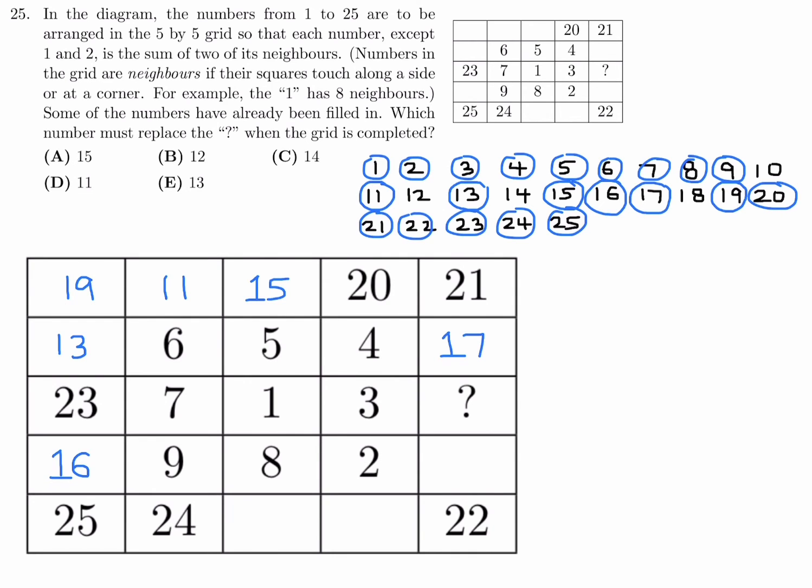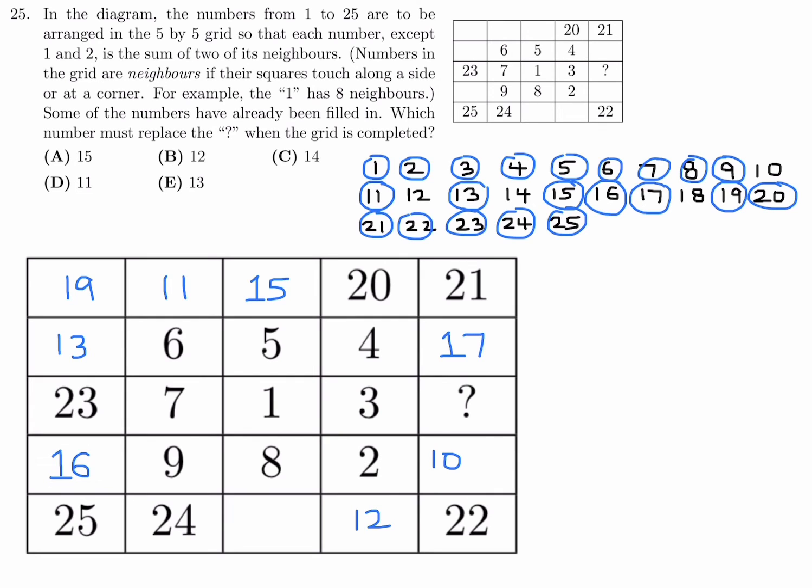But where do I put the 10 and where do I put the 12? Do I put the 10 here and the 12 here? Or do I put the 12 there and the 10 here? Right? That's a little bit of a dilemma. Okay, let's figure this out. If I put the 10 here and the 12 here, I will be able to get the 22. That's not a problem.